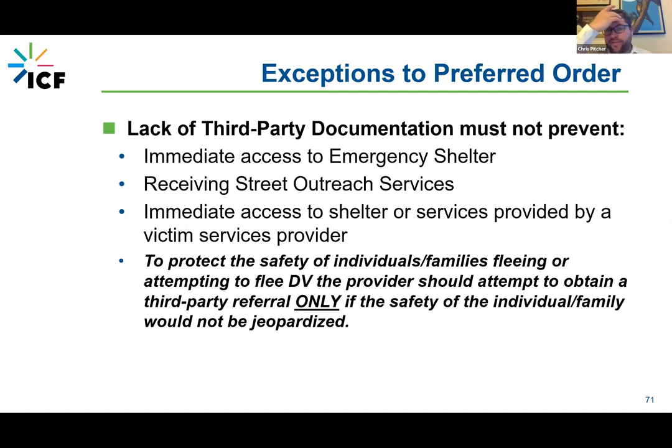Protecting the safety of individuals fleeing or attempting to flee domestic violence, we should always attempt to obtain third-party referral only if the safety of the individual will not be jeopardized, which is oftentimes not the case. So for domestic violence folks, we are much more careful in how we document.